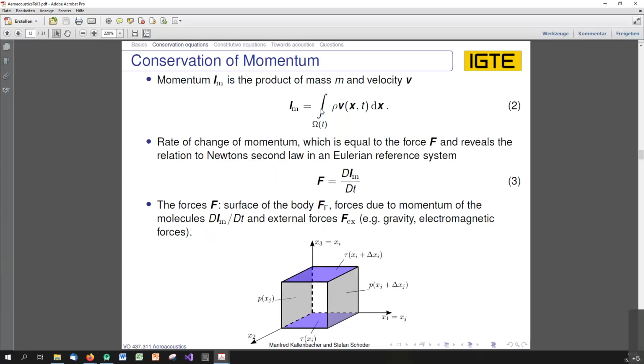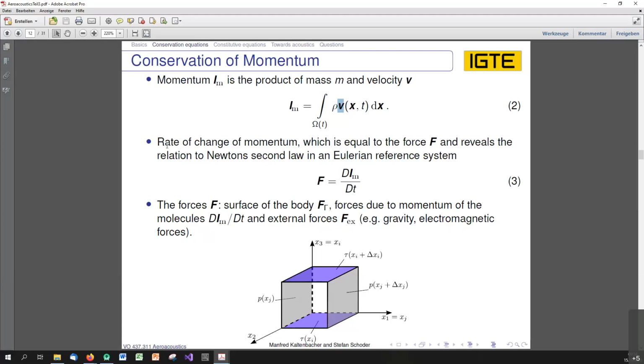So the momentum is a vector, and it's the integral over the domain with respect to the density and the velocity. So the product density, velocity, and the integral over a control volume gives the momentum of a specific fluid.